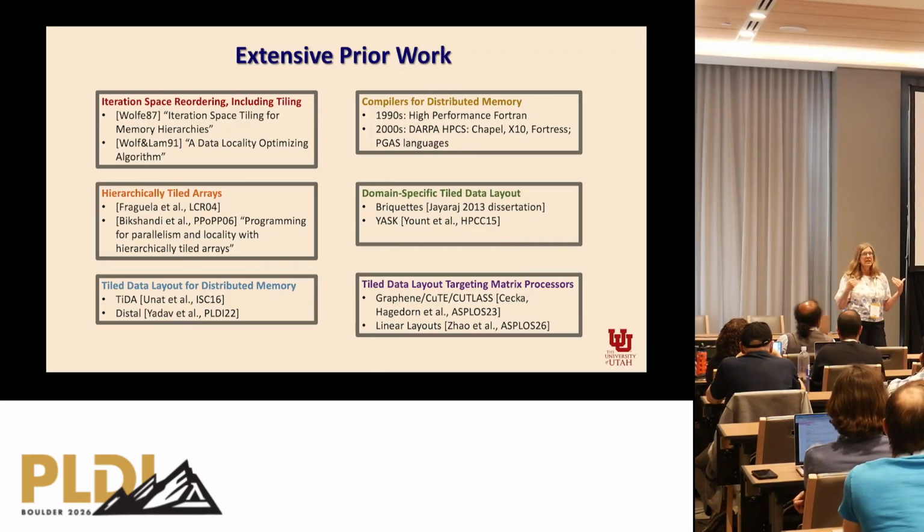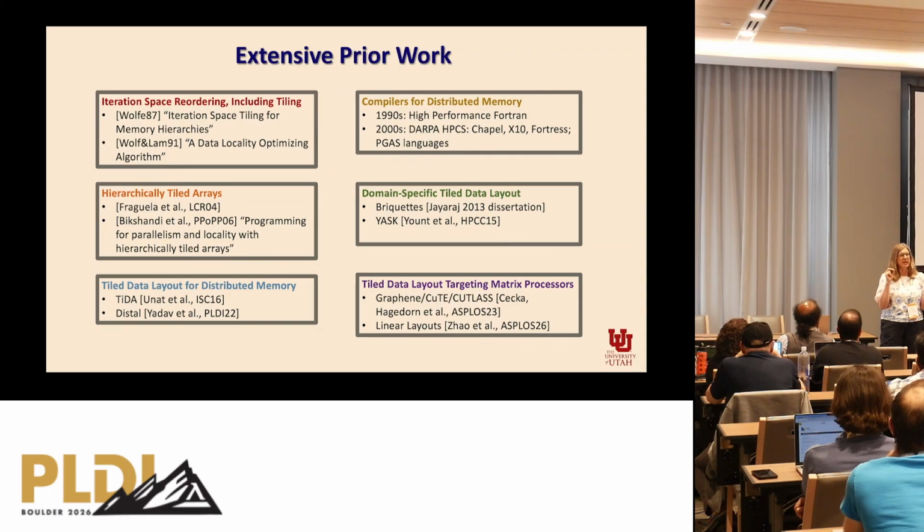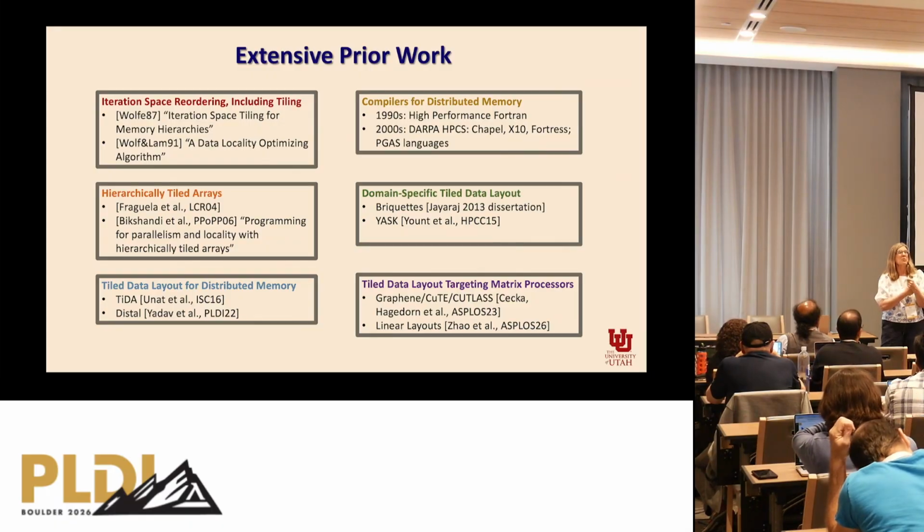And so tiling dates back to work by Michael Wolfe, and the first paper that I could find is from 1987. And I want to point out why this was very unique. So the idea is tiling is an iteration space reordering. You're changing the order in which the iterations of a loop nest execute, to change the memory access pattern.